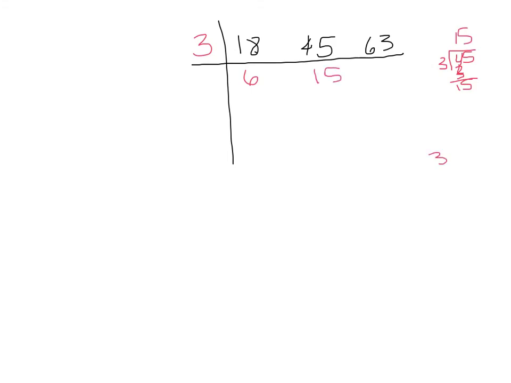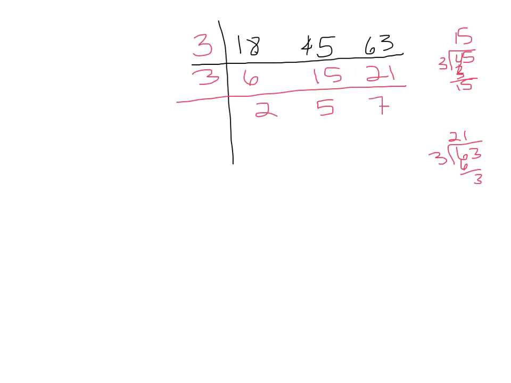And 3 goes into 63 21 times. I also noticed that 3 goes into each of these numbers as well. 3 goes into 6 twice, 3 goes into 15 5 times, and 3 goes into 21 7 times.